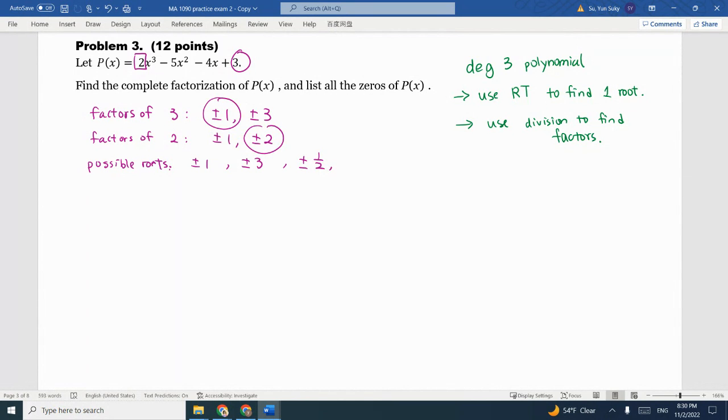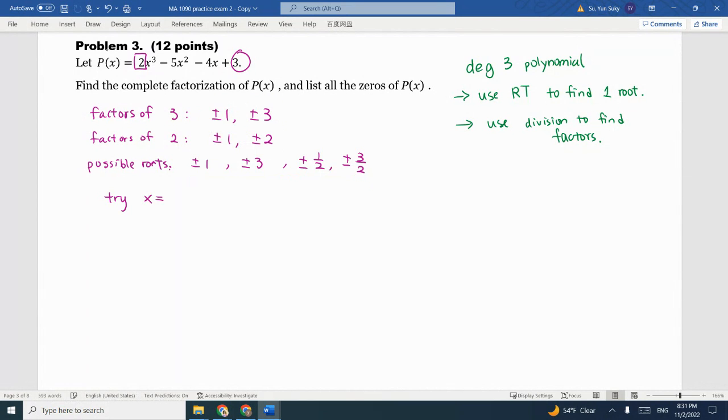And plus or minus 3 over plus or minus 2 is plus or minus 3/2. So these are all the possible roots. The rational roots theorem tells us that if the polynomial has a rational root, it must be from this list. Therefore we try all these numbers until we find one rational root.